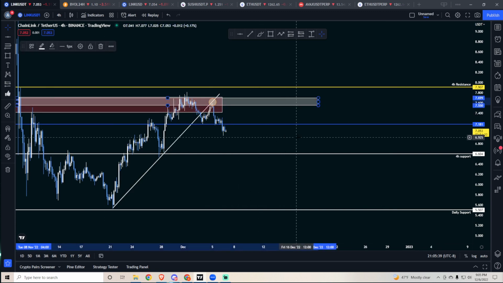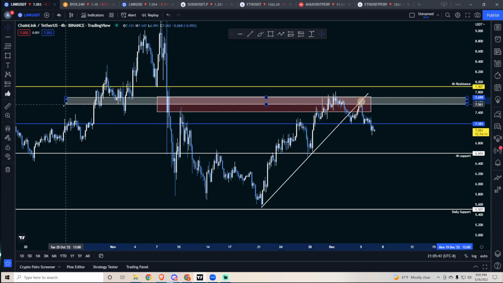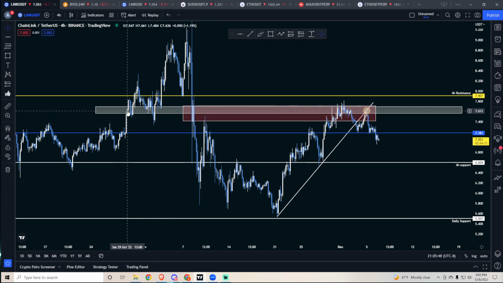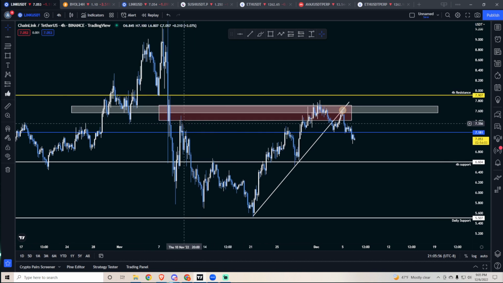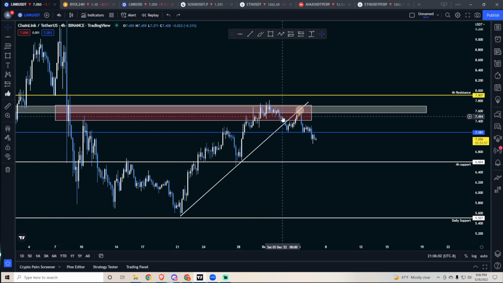Let's make that white. Why is that resistance? Over here, we went above, flipped it to support, right? Then we kept it, and then we lost it here. So now it's resistance. That's why this zone here, the supply zone, is a bigger part of that resistance.